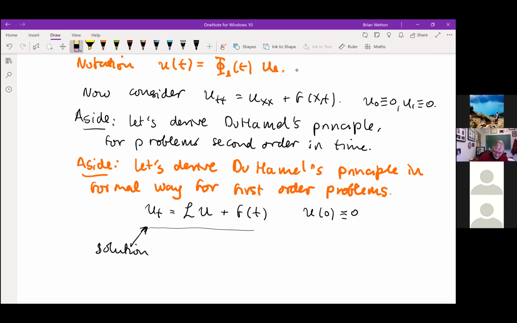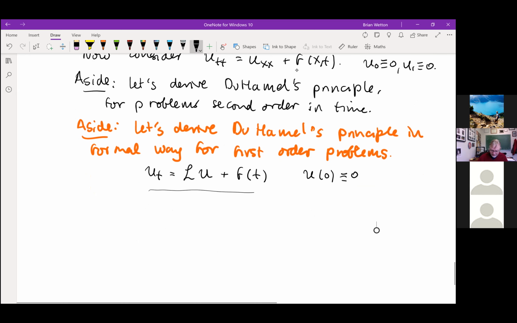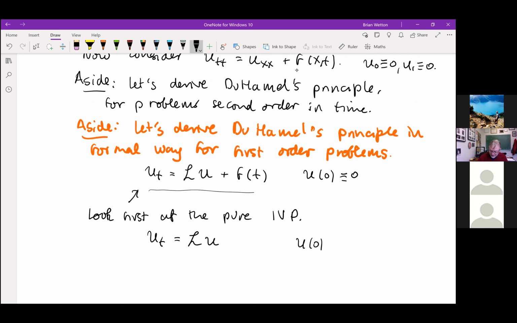We're going to use DuHamel's principle to find the solution of this one in terms of the solution of the initial value problem. So let's look at that. So now we're going to look first at the pure initial value problem. So that's ut is equal to Lu with no f, and u at time 0 is u0.